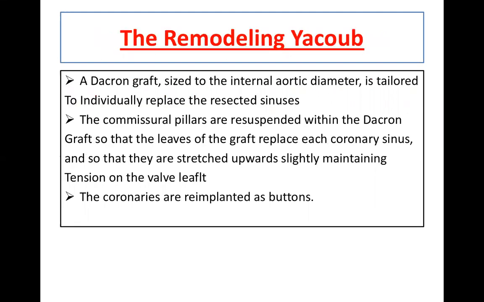David procedure is much shorter than the Jacob, because in the Jacob procedure, you resect the sinuses, and you have a scallop graft that you will suture to the sinuses, and you need to be very, very careful, because it's very easy to end up with significant regurgitation of the aortic valve doing this procedure.